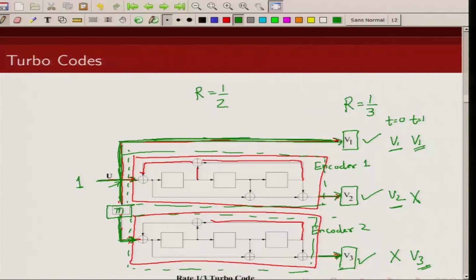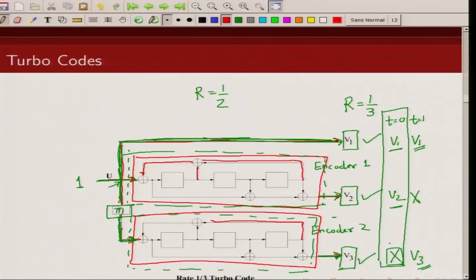And at the receiver, let us say I receive this bit. Since I am not transmitting all the 3 bits, for the bit which was not transmitted, I will assume that this bit is equally likely to be 0 or 1.